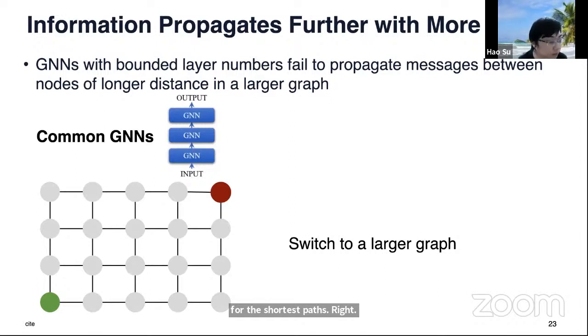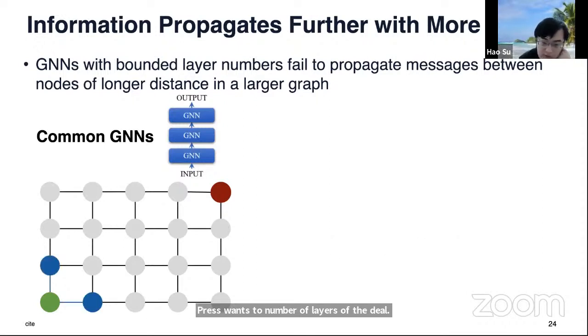Here, the receptive field of the GNN, under the assumption that the information only propagates to the 1-hop neighborhood, corresponds to the number of layers of the GNN. So if we just test this 2-layer graph neural network on a large scale graph, it won't work.